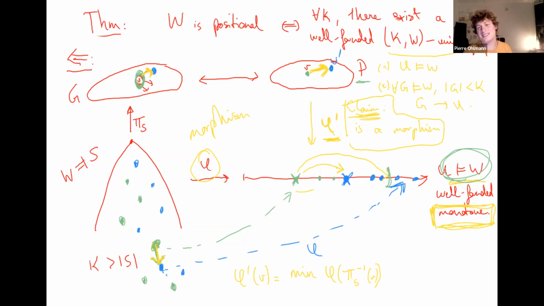Can you have something like: if my objective is positional on all graphs of cardinality kappa, then it's actually positional on all graphs? This is related to this because it would mean that it's sufficient to have a bound on kappa. You don't need to do really all kappa, but under some reasonable assumptions you can just look up to such a cardinal. I don't know if it's true or not, and I don't really know how to attack it.